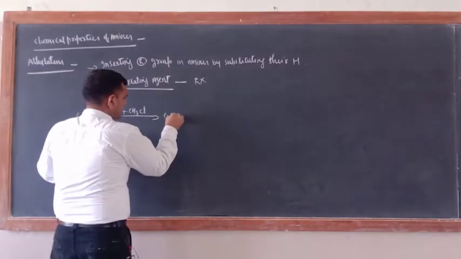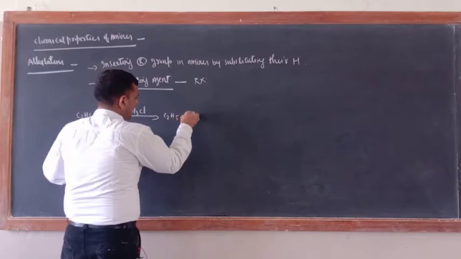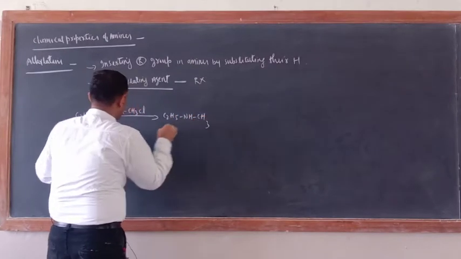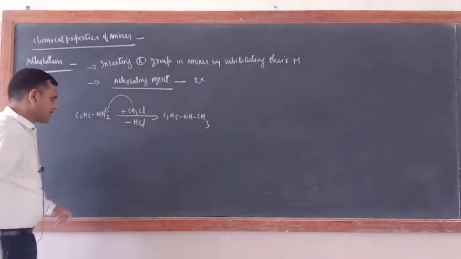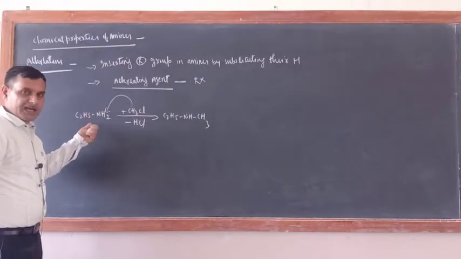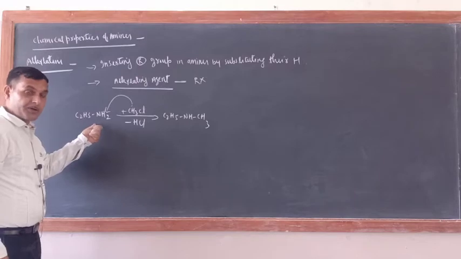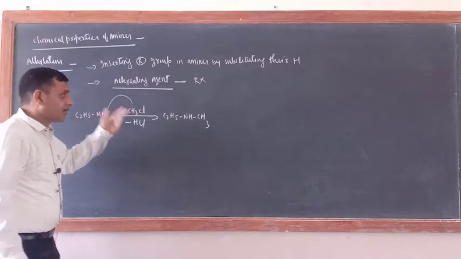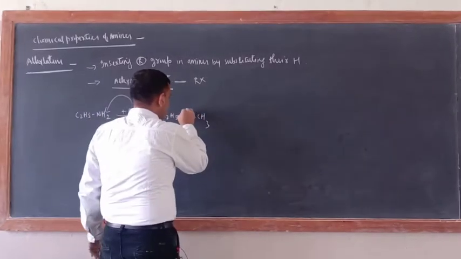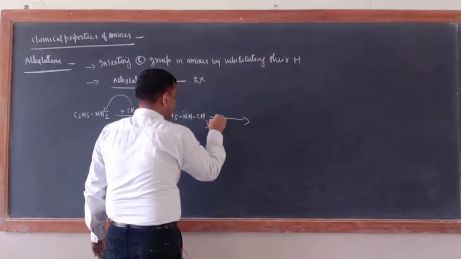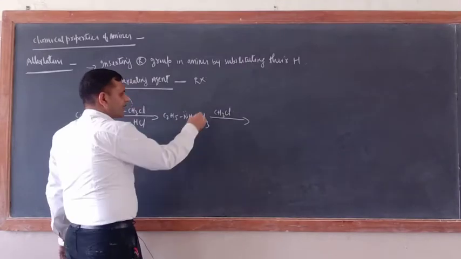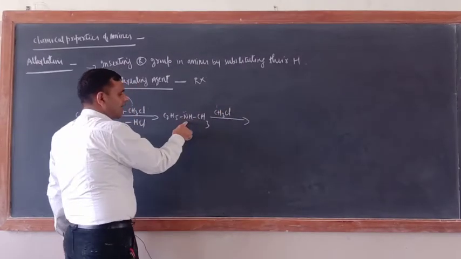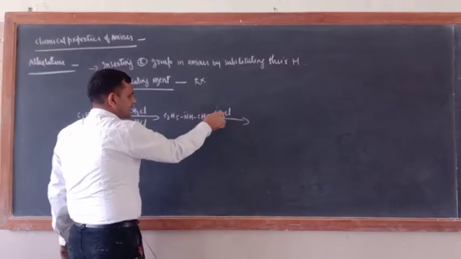So we get C2H5NH-CH3, minus HCl. One alkyl group has been added here by substituting the hydrogen of the NH2 group. Still a replaceable hydrogen is there. So now further reaction with CH3Cl: another CH3 group will be attached here by replacing H, minus HCl.